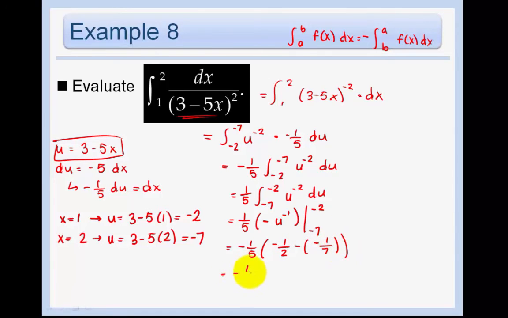So we have negative 1/5 times negative 1/2 plus 1/7, which is 5/14. So negative 1/5 times negative 5/14, and so we get 1/14.